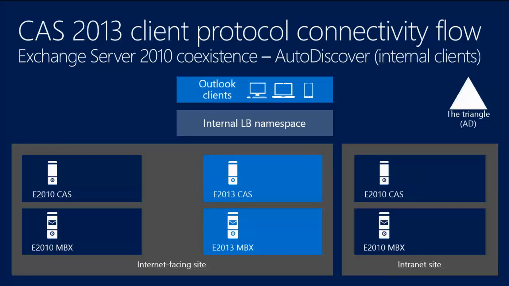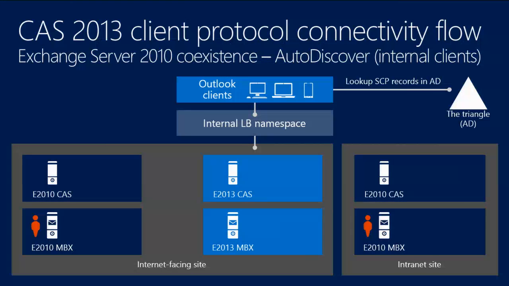Now, here's the other case of Autodiscover, which is internal clients who look up something called service connection points within AD, or as I prefer to call AD, the triangle, right? Because after all, it's just a triangle. The AD guys love us for saying that, but it is just a triangle. So they go into AD and look up service connection points, and then at that stage, it's pretty much exactly the same. Nothing really changes.